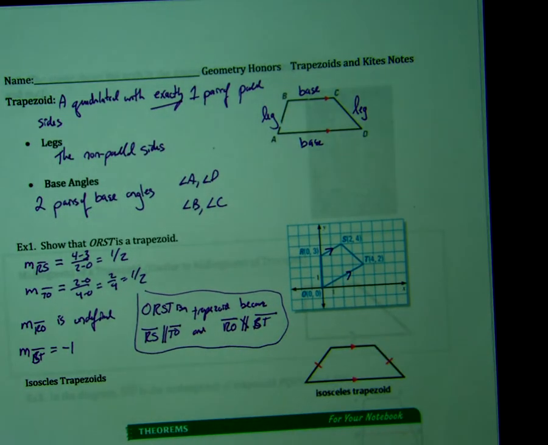So that's really it. That's the only thing we can really do with a normal trapezoid, just that definition.